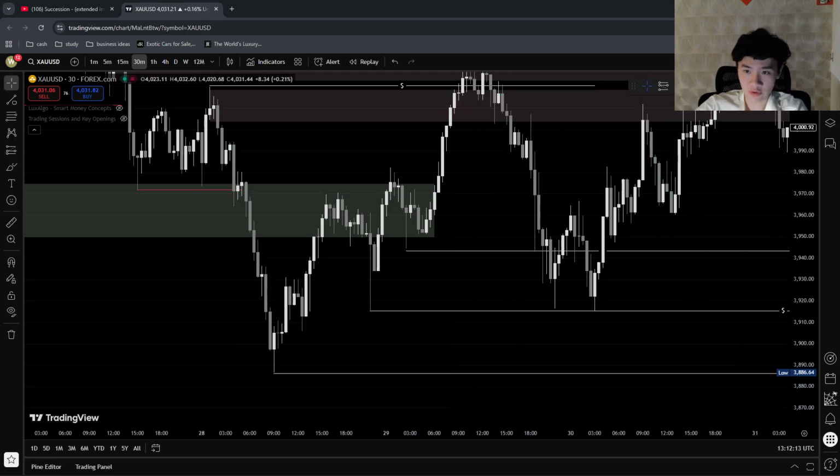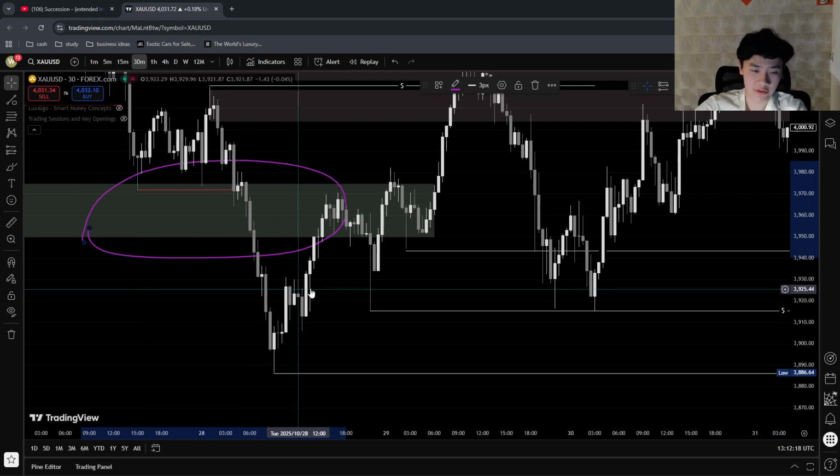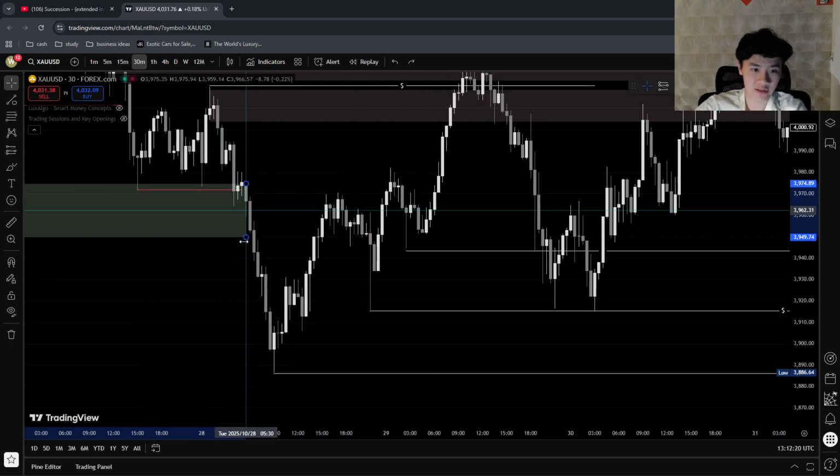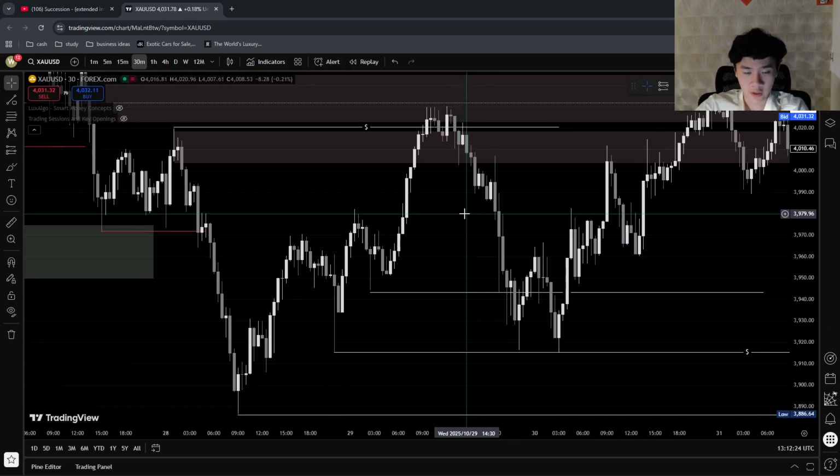Also the price didn't respect this order block right here, the previous zone that we talked about, so we don't have to take this into that much consideration right now.